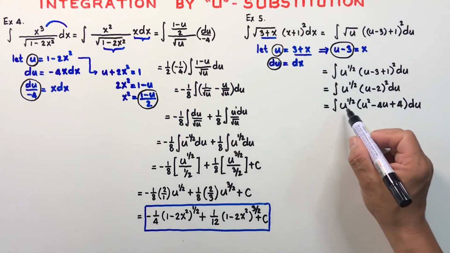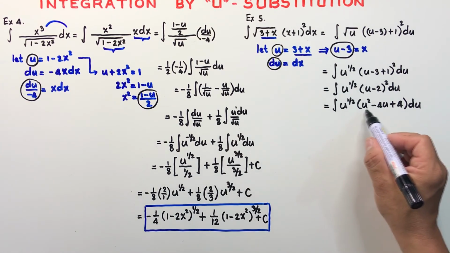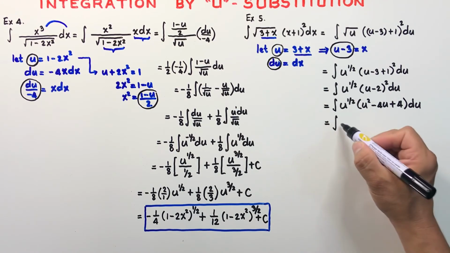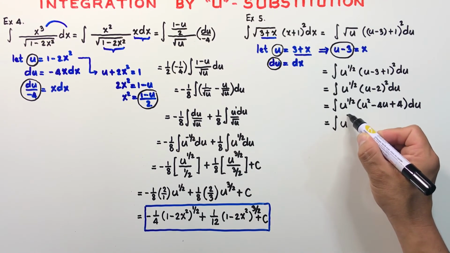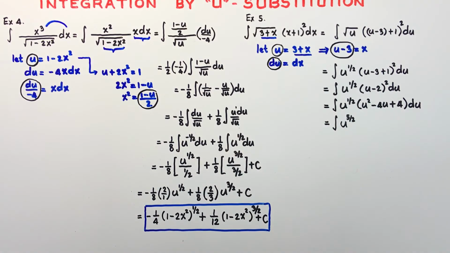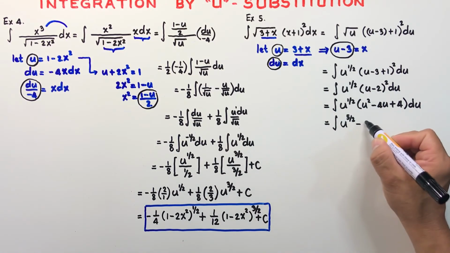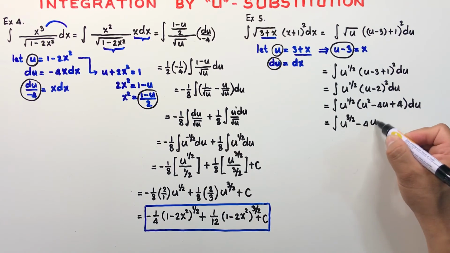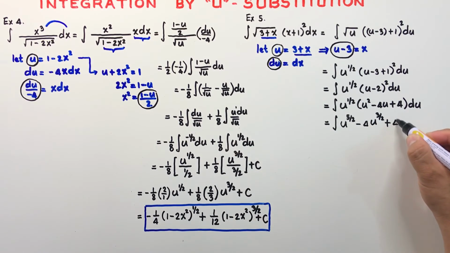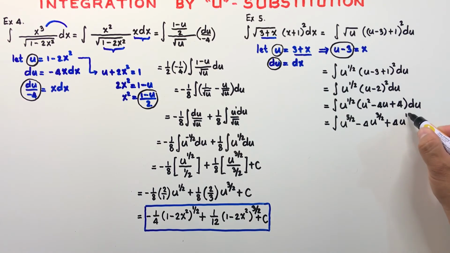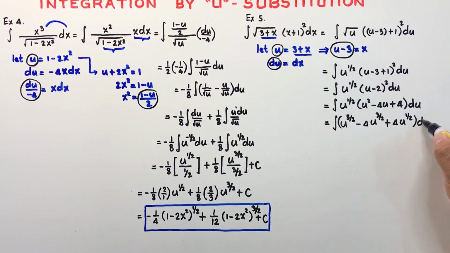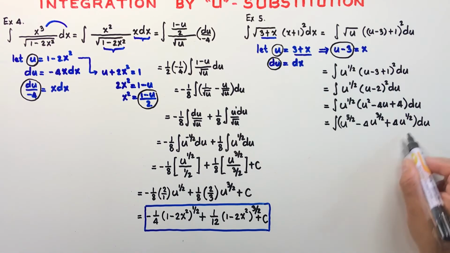Now, distributing this u to the power 1/2 to this trinomial, we have the integral of u to the power 5/2, because 2 plus 1/2 is 5/2, minus 4 u to the power 3/2 and added to 4 u to the power 1/2. And of course, there is a du for all these terms here.